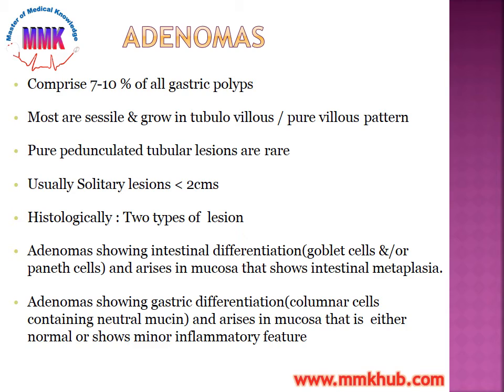First is the adenoma showing intestinal differentiation, for example, presence of goblet cells and or Paneth cells, which arises in mucosa that shows intestinal metaplasia. And second is the adenoma showing gastric differentiation, that is the presence of columnar cells containing neutral mucin, and arises in mucosa that is either normal or shows minor inflammatory features.